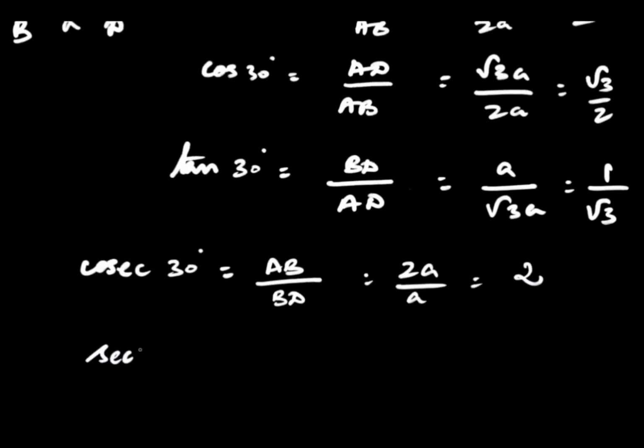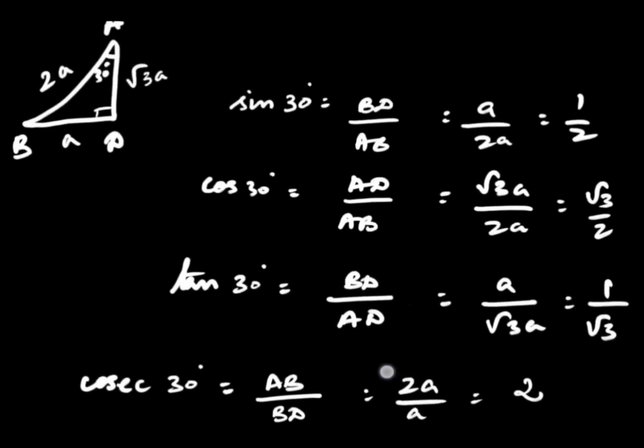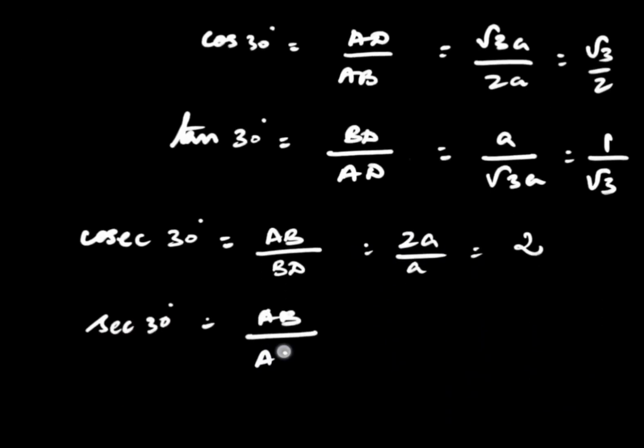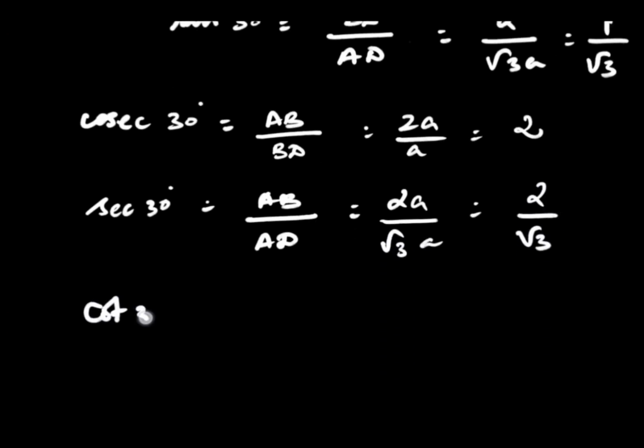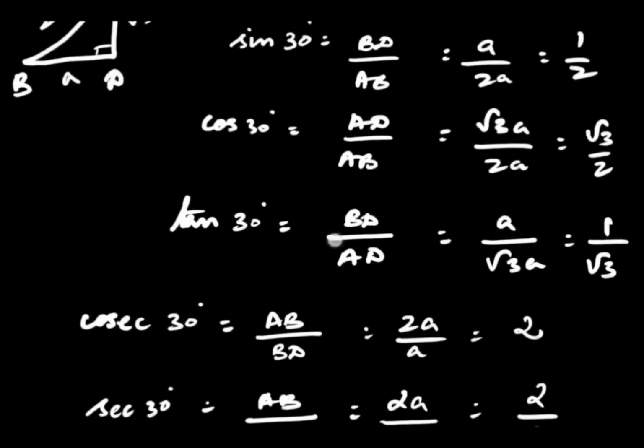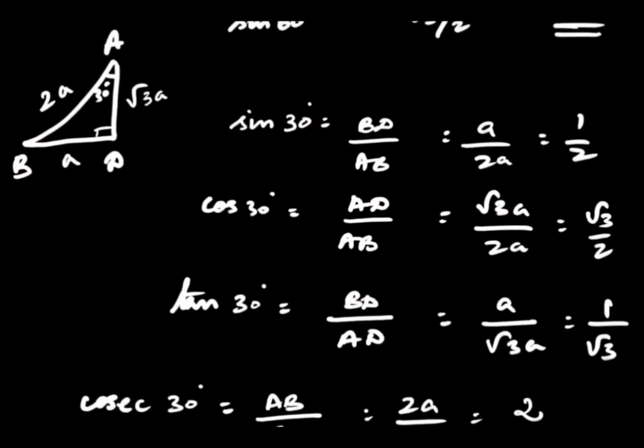Secant 30 is equal to hypotenuse by adjacent side, AB by AD, which is equal to 2A by root 3A, which is equal to 2 by root 3. And cot 30 is equal to adjacent side by opposite side, which is equal to AD by BD.